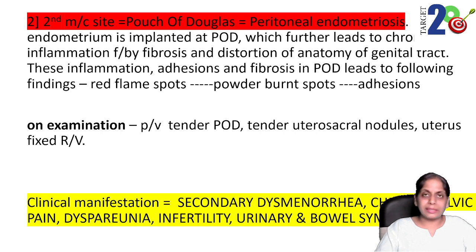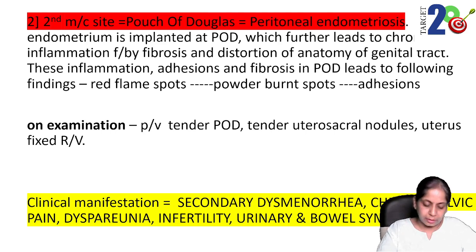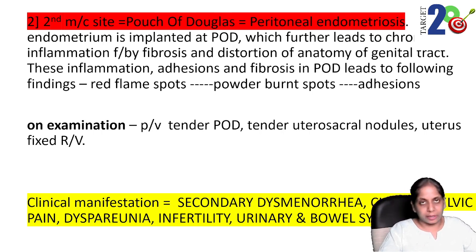Regarding peritoneal endometriosis, I would like to tell you the second most common site of endometriosis is the pouch of Douglas. Whether it is in the pouch of Douglas or elsewhere in the peritoneal cavity, it will be peritoneal endometriosis. But most commonly, we will learn all the manifestations with the pouch of Douglas only.